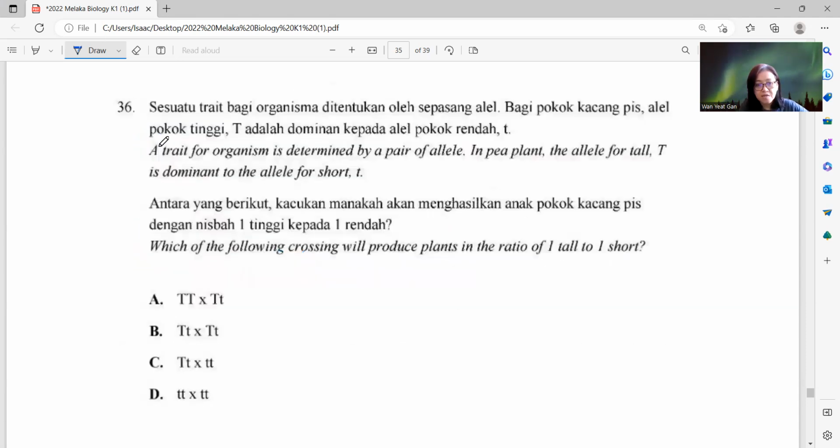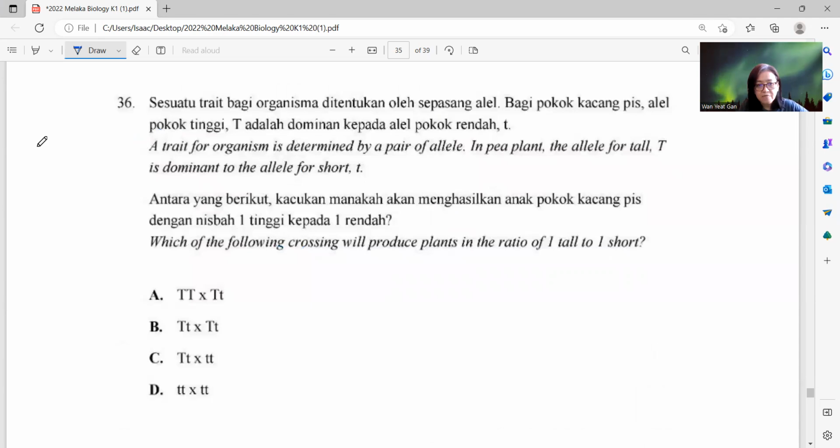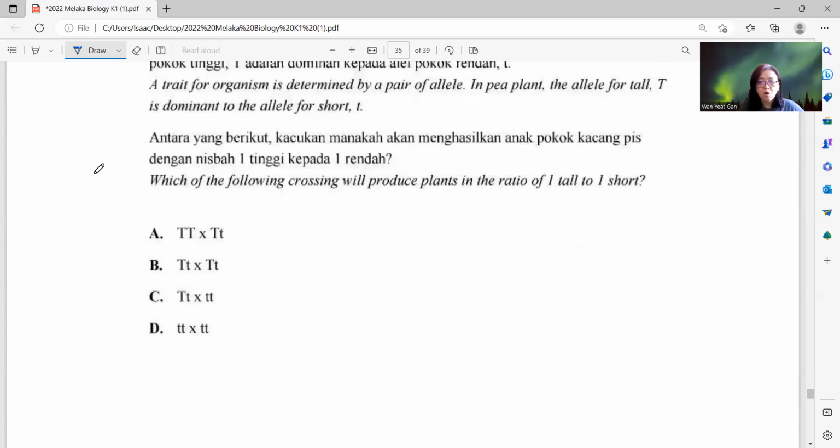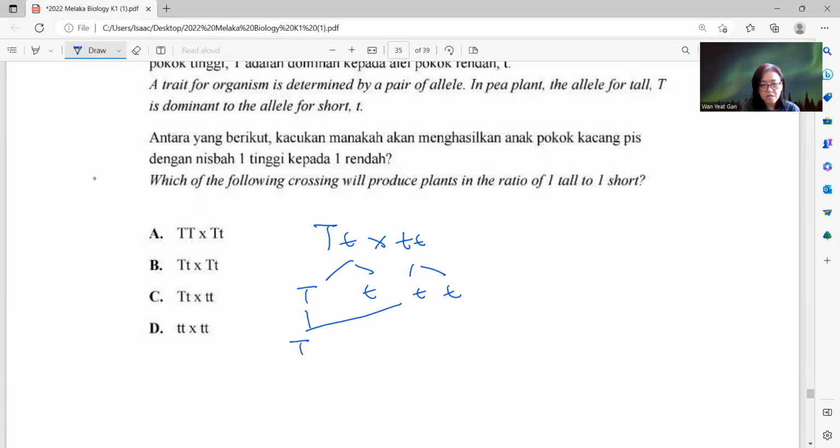Okay. 36. A trait for organism is determined by a pair of allele. In pea plant, the allele for tall is dominant to the allele for short. Which of the following crossing will produce plant in a ratio of 1 to 1? So tall and short. So we can try out, just maybe try out this. So we have TT.